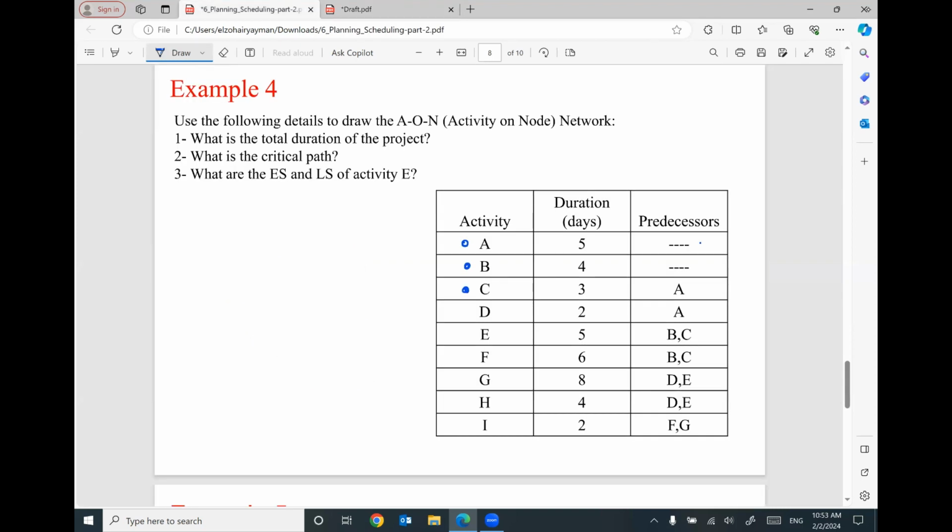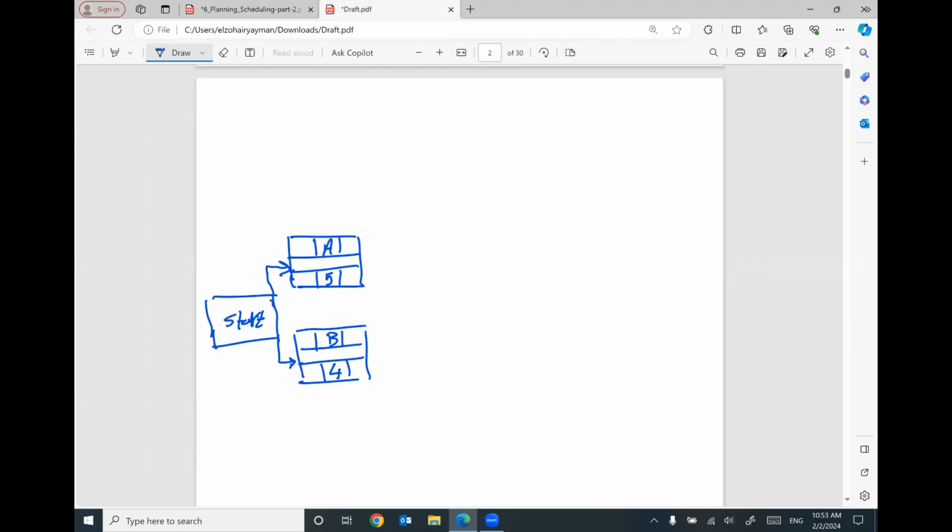C has a predecessor A. D has a predecessor A. So I will put C here, and I can put D here.